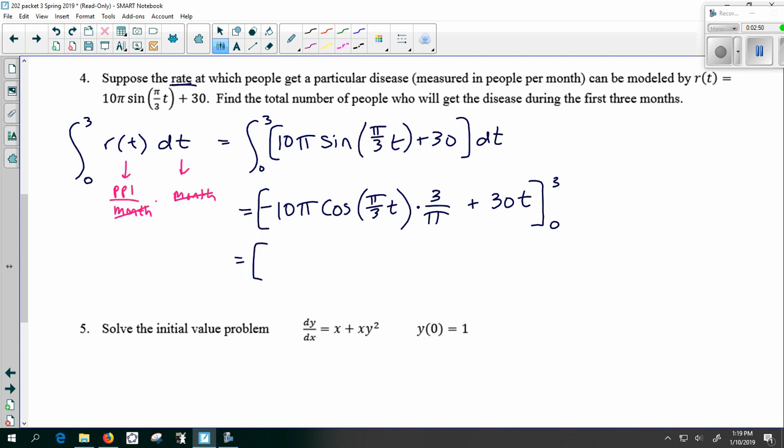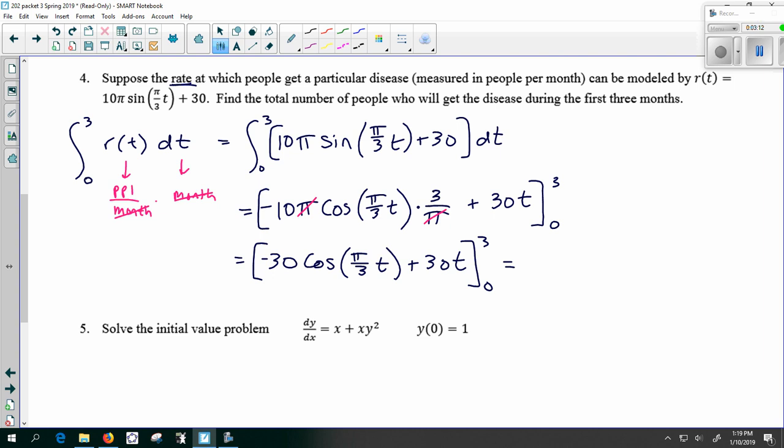All right, I'm just going to simplify what's in my big parentheses here. My pi's are going to cancel, and negative 10 times 3 is negative 30. So I have negative 30 cosine pi over 3t plus 30t, evaluated from 0 to 3.